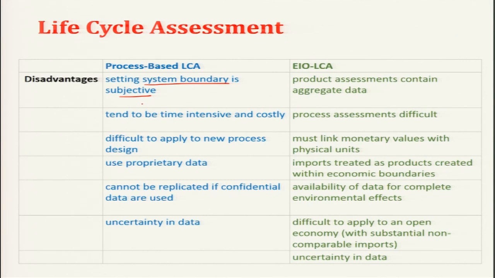We need to say, okay, this is the system boundary, we only work till manufacturing, or till packaging, or till transportation to the customer, etc. This tends to be time intensive and costly, because a systems engineer has to work on the different databases and different inputs to be given. So it is difficult to apply to new process design in general. It uses proprietary data, which cannot be replicated if confidential data are used. Yes, uncertainty in data is also there.